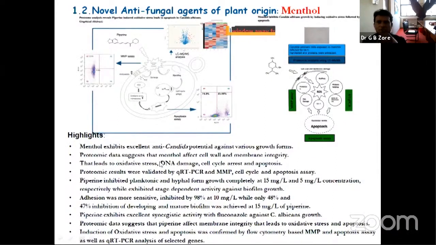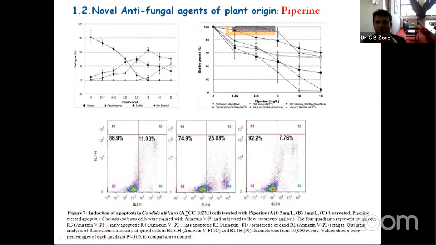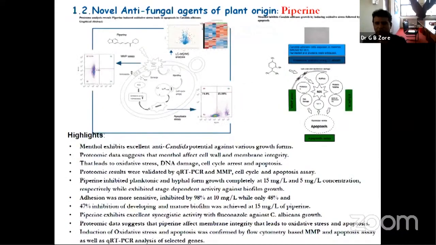Based on our observations, we propose that these terpenes or terpene-like molecules are mainly membrane-active molecules. They induce membrane damage stress, which further induces reactive oxygen species, which further induces apoptosis in Candida albicans.